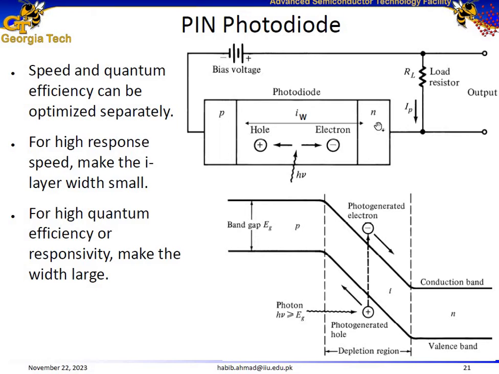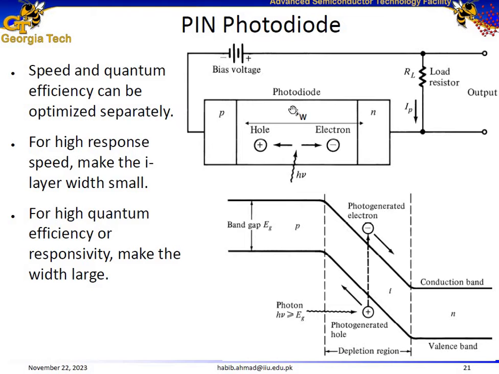Another kind of photodetector is a PIN photodetector, in which we have a p-type layer, an I layer, or intrinsic layer, and an n-type layer. In some semiconductors, this I layer actually means a lightly doped layer. For example, in silicon, we can have an intrinsic layer, but in case of gallium nitride, for example, gallium nitride inherently or naturally has an electron concentration around 10 to the power of 16, 10 to the power of 17 per centimeter cube.